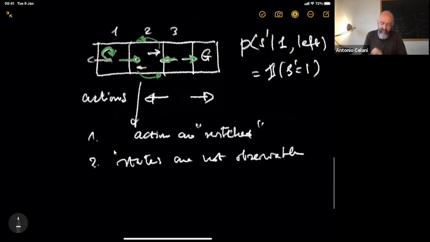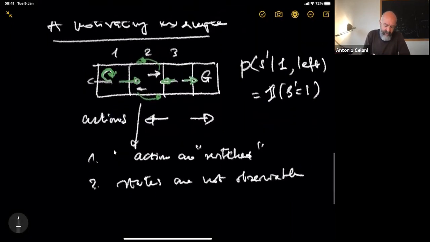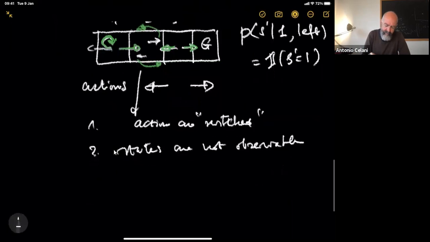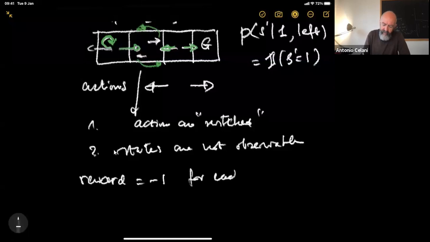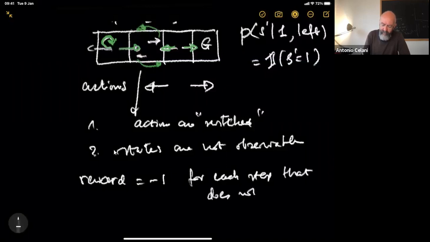There is a reward, which is equal to -1 for each step that does not take you to the goal.